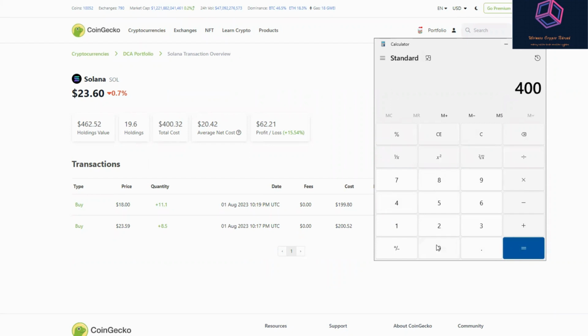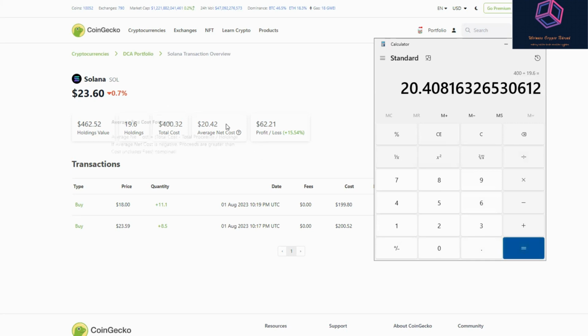And we have around 19.6, so 11.1 plus 8.5, 19.6 Solanas. That's the total quantity that we currently own, and we have spent $400, right? So our average price currently becomes $20.40, right?